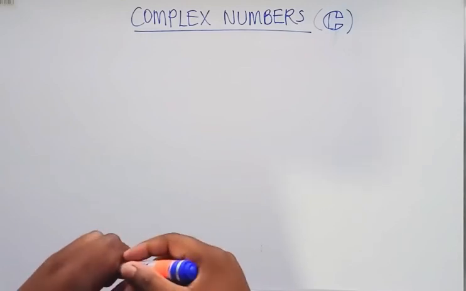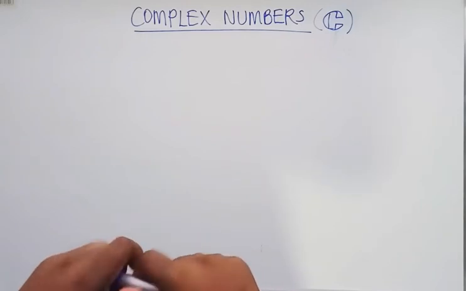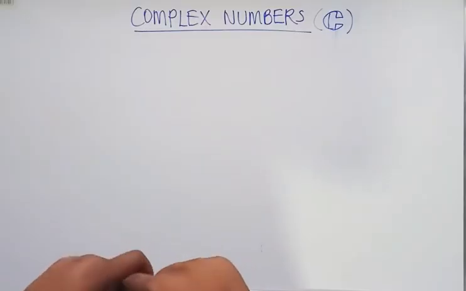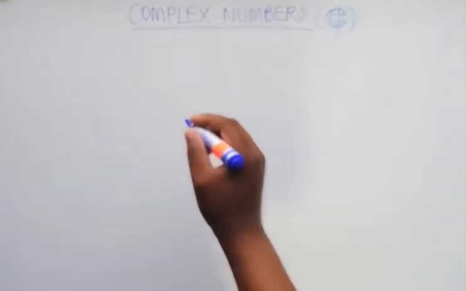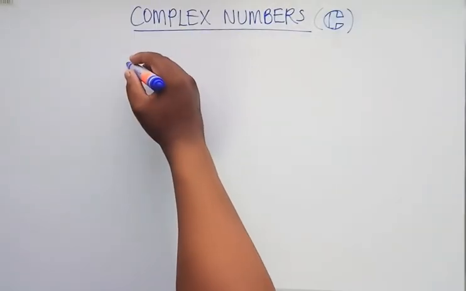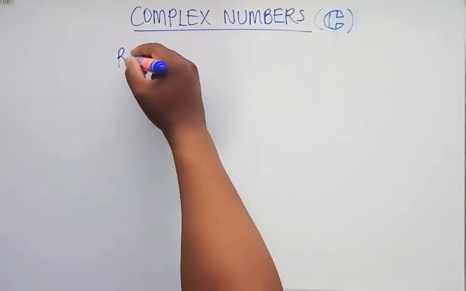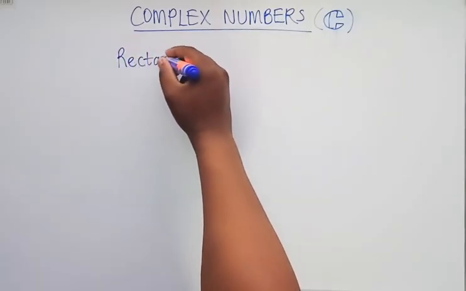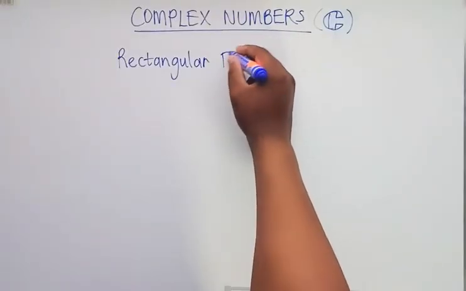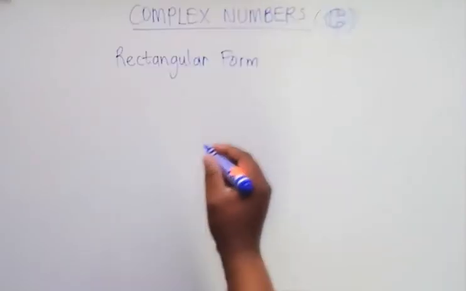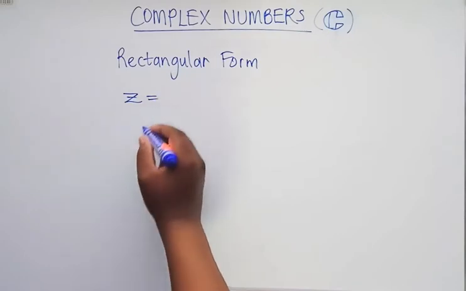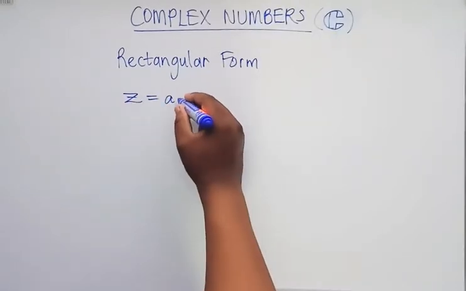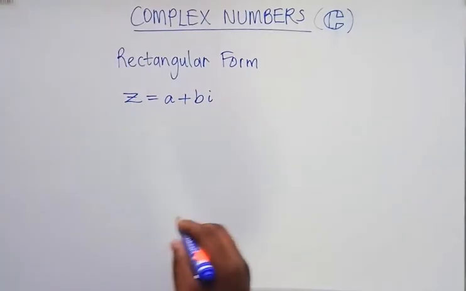We are going to start with complex numbers. The first thing that we must know is that when dealing with complex numbers, there are two forms of complex numbers. So the first form is called rectangular form. A rectangular form would be your normal complex form, which will be written in this form: a plus bi.